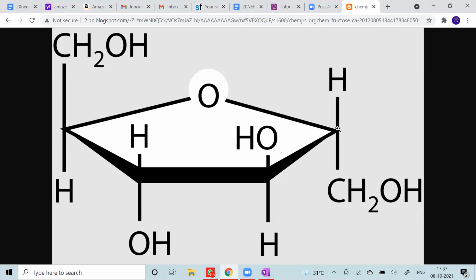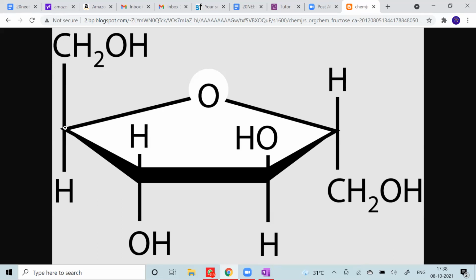Now see this particular carbon. This is attached to CH2. This is not OH, people. This is a carbon atom here. This particular carbon is attached to this carbon. Now this carbon is attached to this oxygen. That means it is OR. This carbon is having an OR.